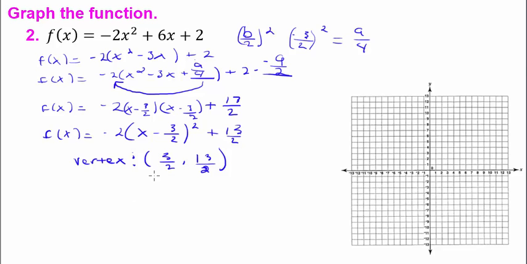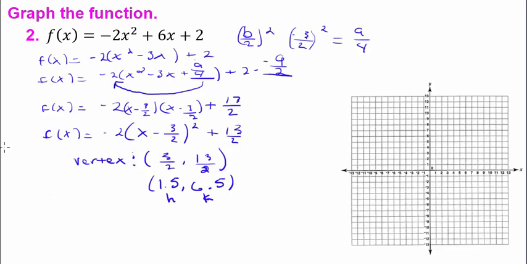So if you're looking for a decimal, this is going to be 1.5 comma 6.5. Okay, so for graphing purposes, it's a little bit easier to look at it this way. Again, think of these as your horizontal shift and your vertical shift.